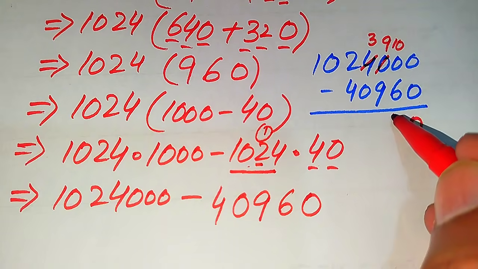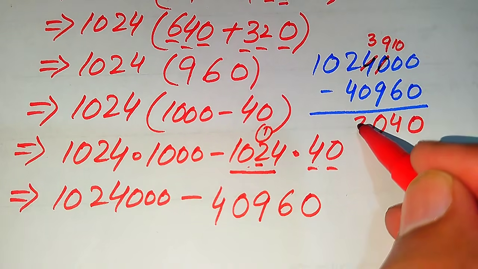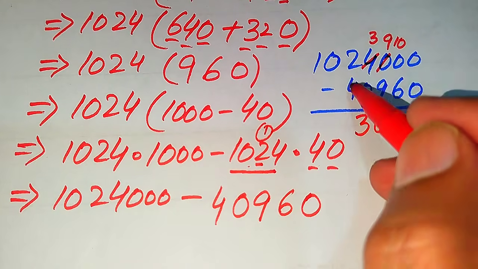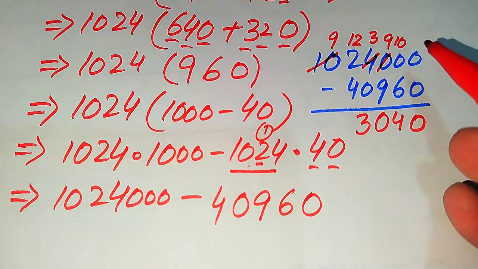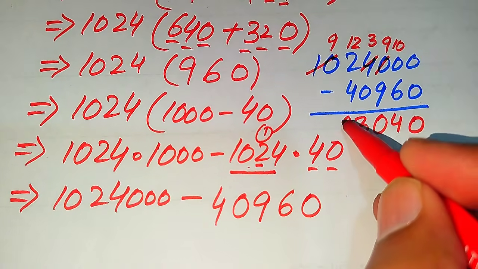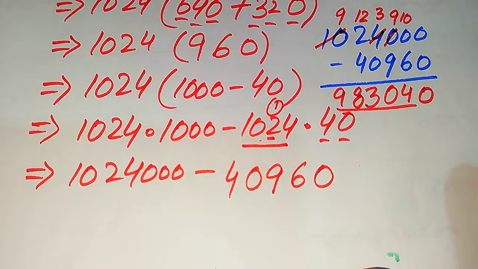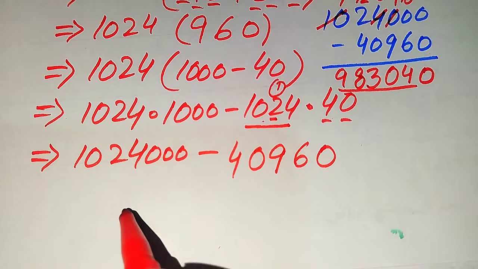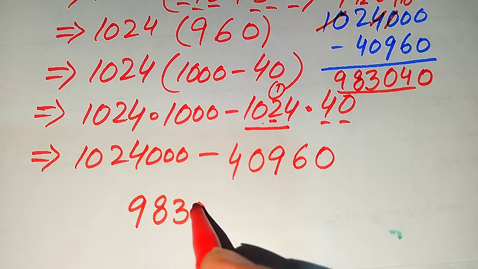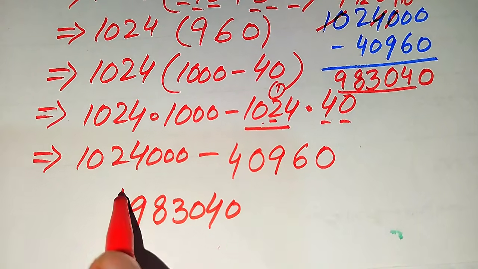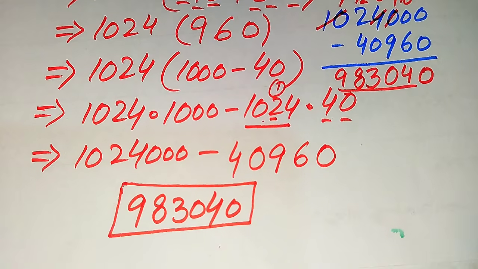So 10 minus 6 becomes 4, 9 minus 9 becomes 0, 3 minus 0 becomes 3. 2 also cannot be subtracted by 4, so this 10 becomes 9 and this 2 becomes 12, so 12 minus 4 becomes 8, and this is our 9. So finally the simplified form of the given question is 983040. This is our final simplified form of the given question, and this is the final answer.